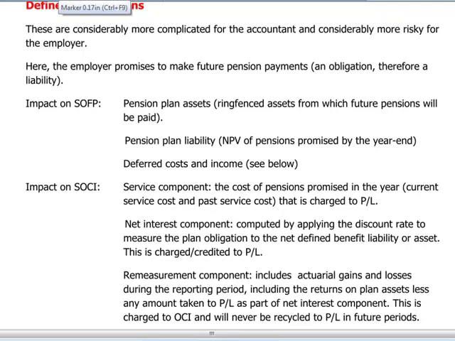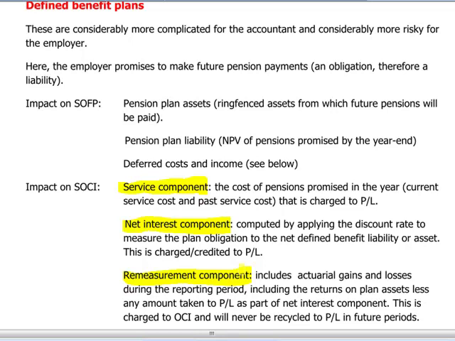The impact in the statement of comprehensive income has three components: service, net interest, and remeasurement. The service component is the cost of the pensions promised in this accounting period, which may contain the current and the past service cost, and those are charged to P&L.